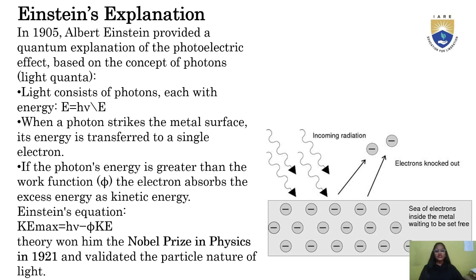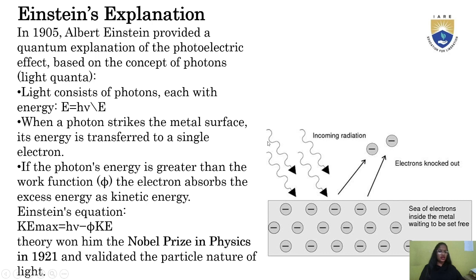If the photon energy is greater than the work function, the electron absorbs the excess energy as kinetic energy. Einstein's equation KE max equal to h nu minus phi therefore won him the Nobel Prize in Physics in 1921 and validated the particle nature of light.